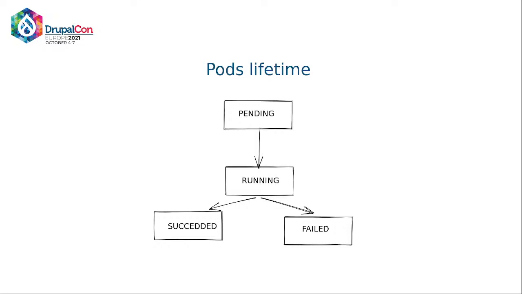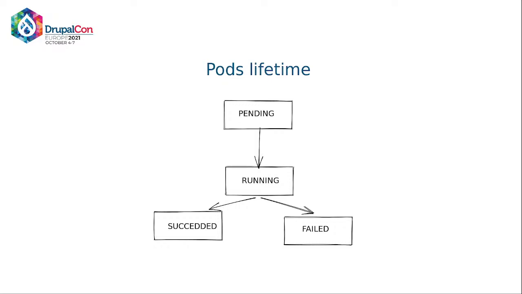And if, for example, it has work like a single task, just making some calculation, it can be succeeded or failed. And what is not on this diagram, it can also have an unknown state when Kubernetes is not able to fetch the state out from us.